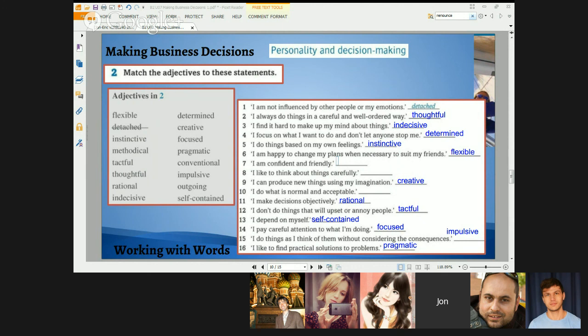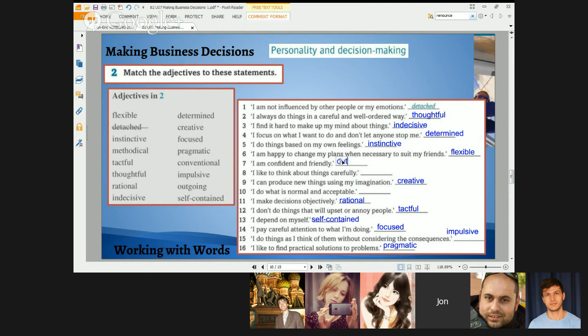By the way, we've got 3 more that we don't have an answer for. Who's got number 7? I'm feeling confident and friendly. Outgoing. Say again, Daniel? Outgoing. Outgoing is correct. That's it. Teacher, how about easygoing?